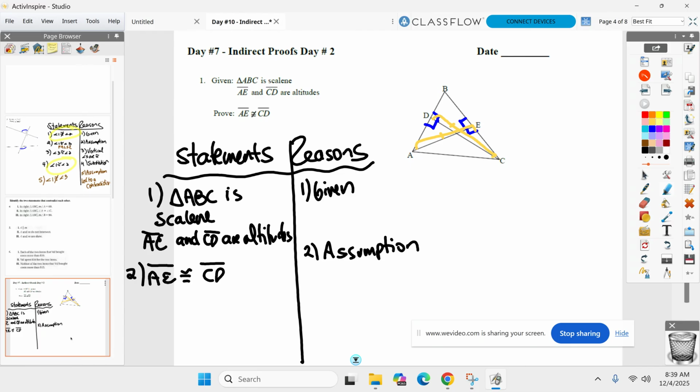Highlight two overlapping triangles that if we prove congruent would show two sides of triangle ABC congruent. Some people will do one pair, some people do another pair, but only one pair will get us sides in triangle ABC.